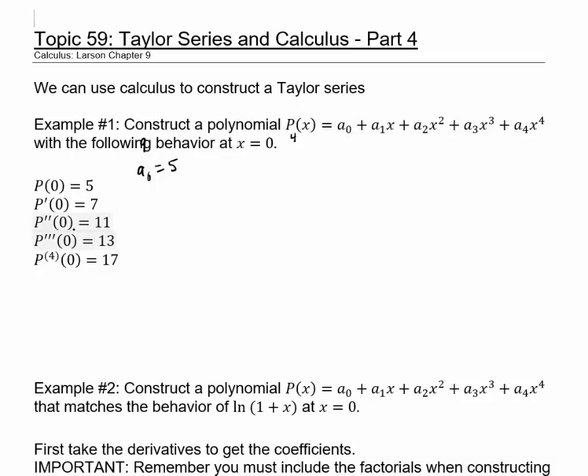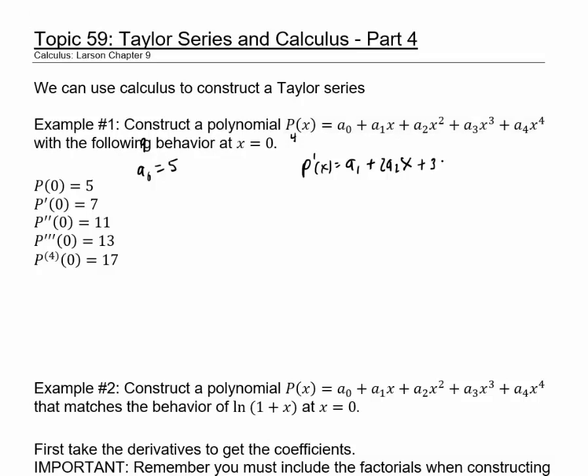Okay. Now I'm going to take the derivative, plug in x is 0, and that's equal to 7. The derivative of a0, this is just a constant, so the derivative of a constant is 0. The derivative of a1x would just be a1, so p prime of x is equal to a1 plus 2 a2 x to the first, plus 3 a3 x squared, plus 4 a4 x to the third.